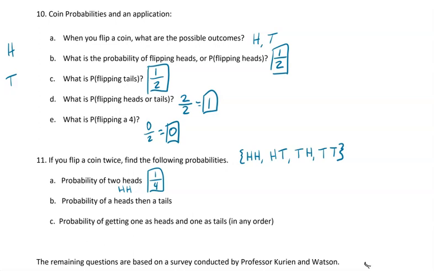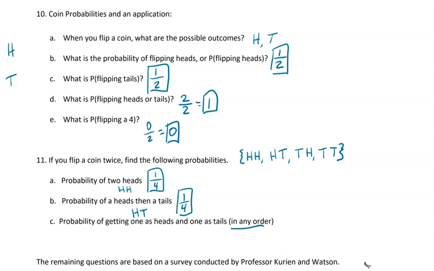Probability of getting a heads then a tails. So heads, then tails. Again, that's 1 possibility. It's this possibility right here. So that's 1 possibility out of our 4. Lastly, probability of getting 1 is heads and 1 is tails in any order this time.